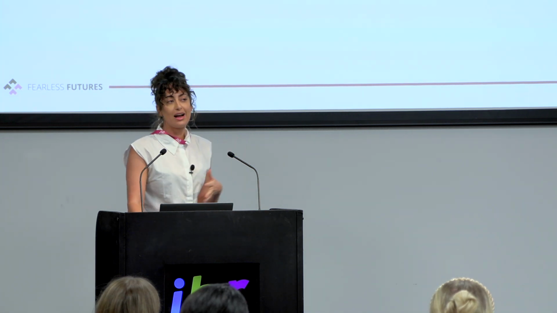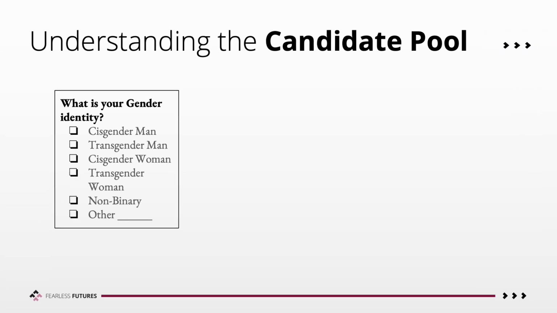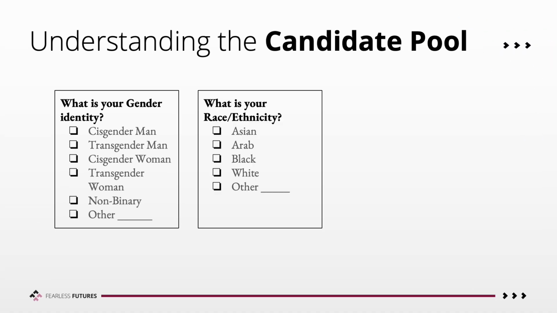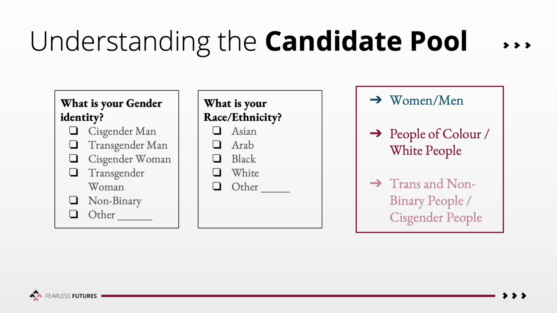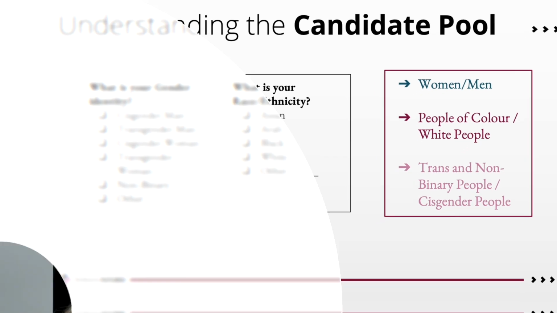So we may have, when we're collecting data, tick a box for gender, tick another box for race or ethnicity. And then we analyze and measure outcomes for gender, we analyze for women, we analyze for trans and non-binary people, we analyze the outcomes for people of color.